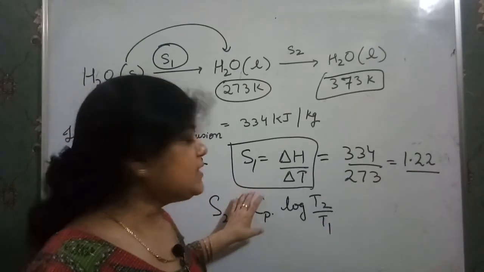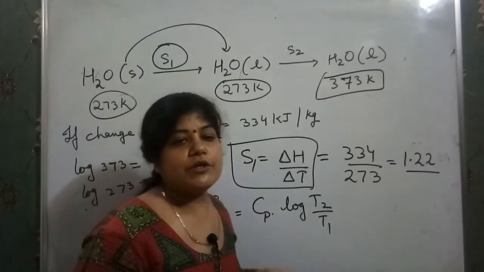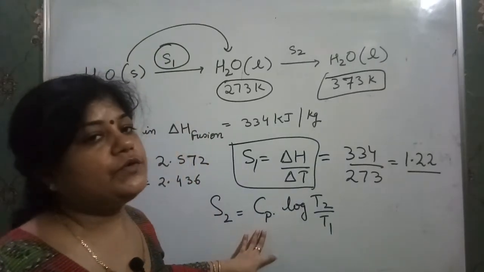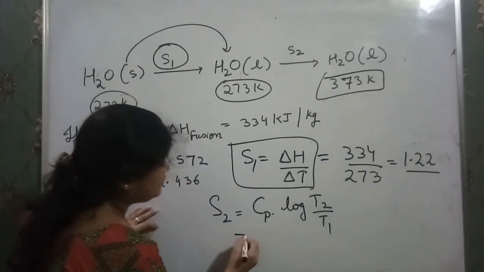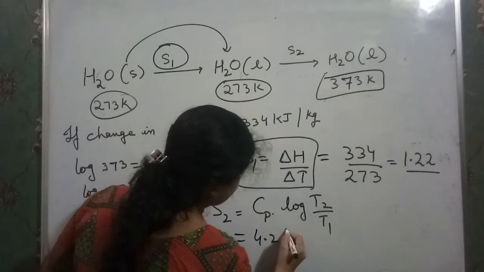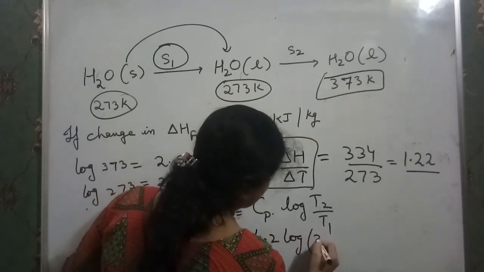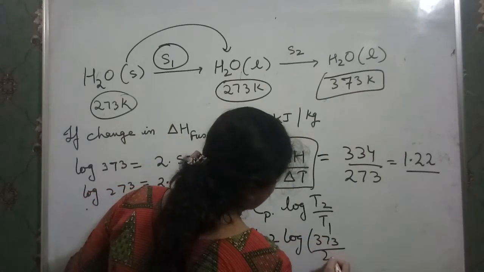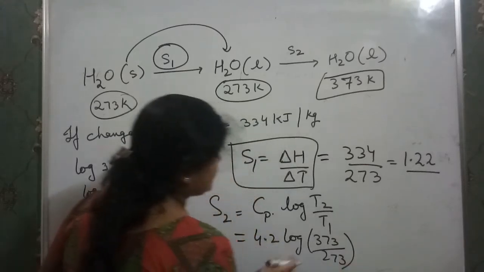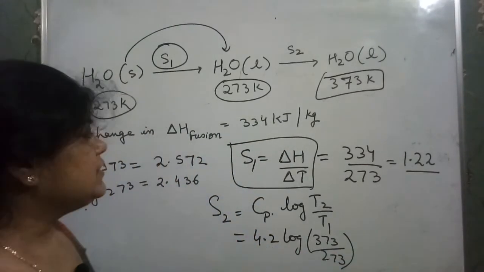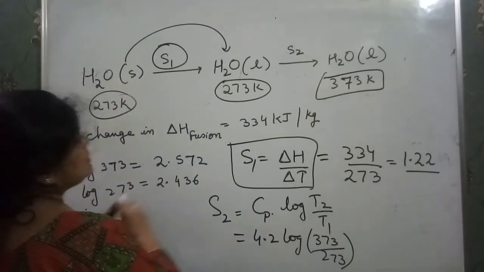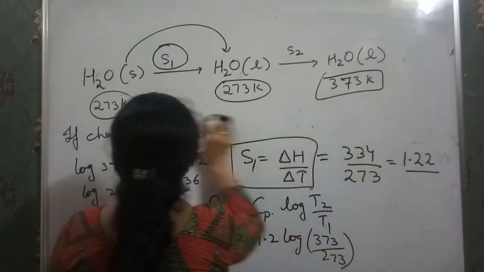What is Cp? Cp is the specific heat at constant pressure, and for water its value is 4.2, as we know. So we write 4.2 log of 373 over 273. Just note it down.